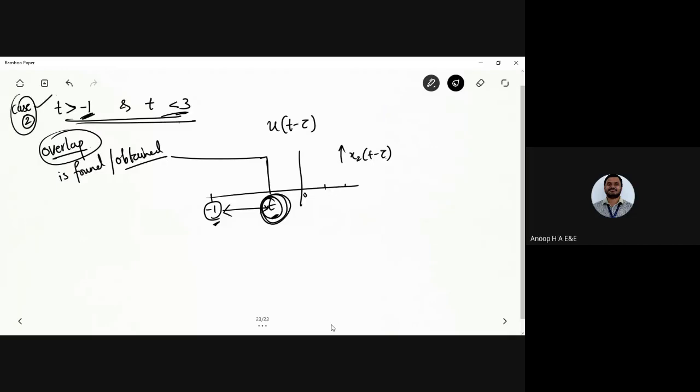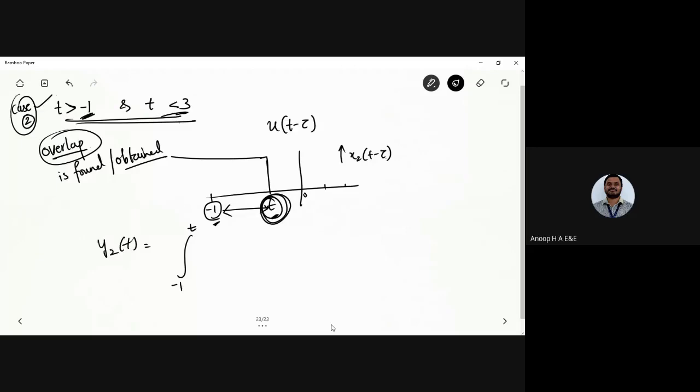Now I need to find the output signal, that is y2 of t. I need to integrate it from -1. What would be the upper limit? T, exactly. So -1 to t.